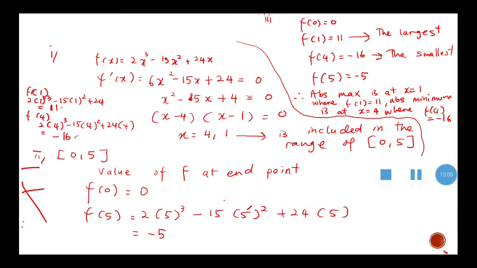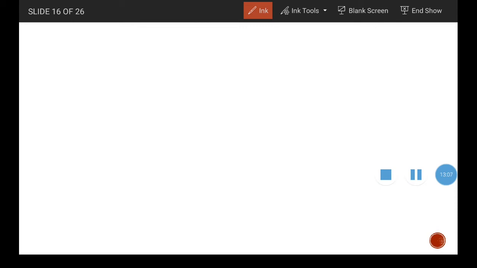So now we're going to do example B. Okay, example B, the question is which is in the range between 0 to 5. Okay, so first step, remember, you should differentiate this part here.